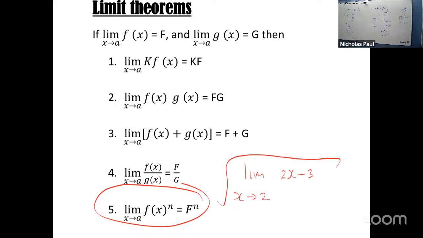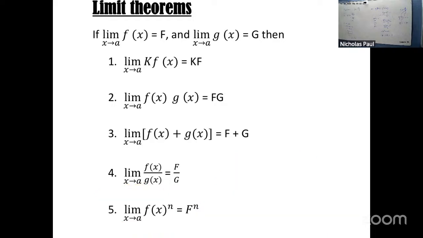That's very useful when you're simplifying limits with roots in them. You pull the square root on the outside, find the limit inside, and then take the square root. It makes it much easier. So those are your first 5 rules.